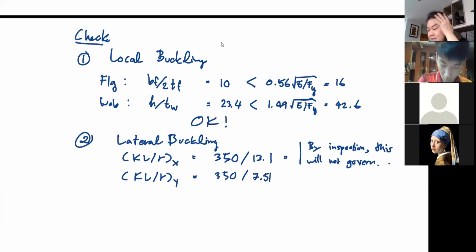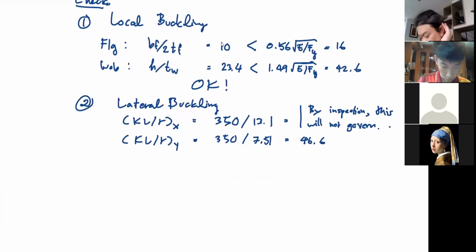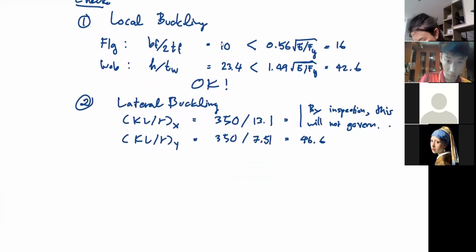So you see this slenderness ratio surely will govern. So this is 46.6. We go ahead, and now you should know this is less than 4.71 square root E over Fy, right? Because it's 135.